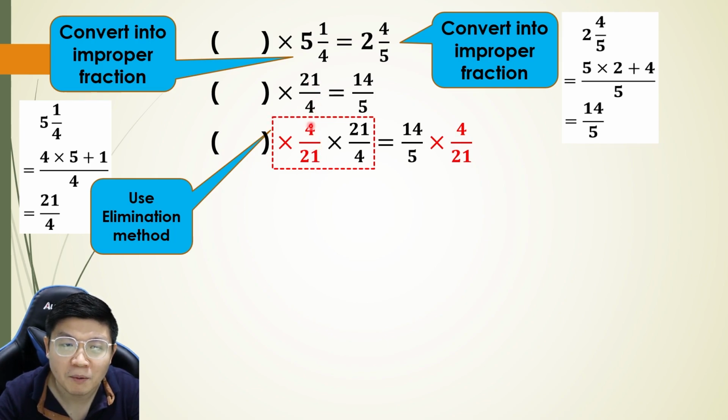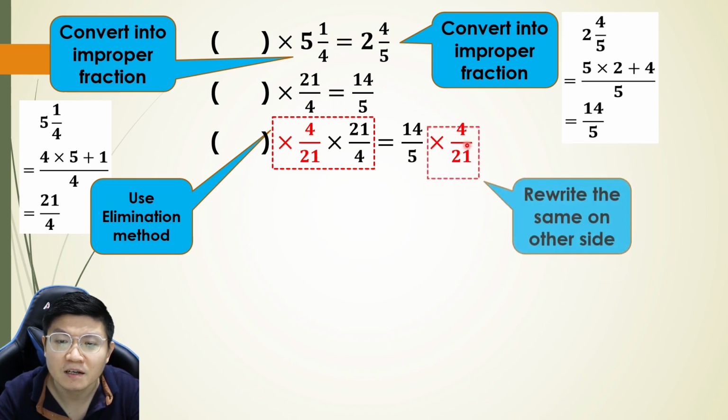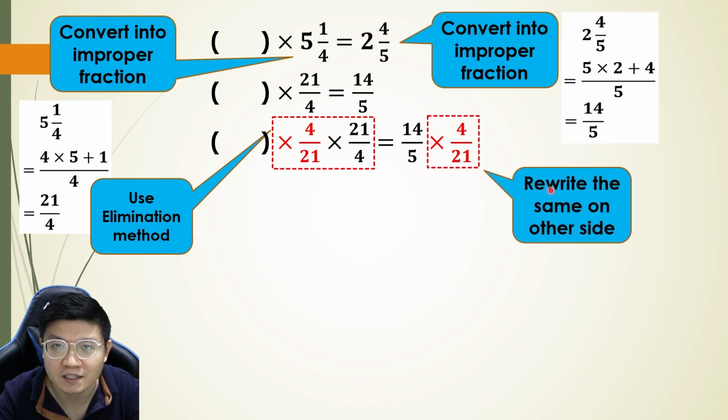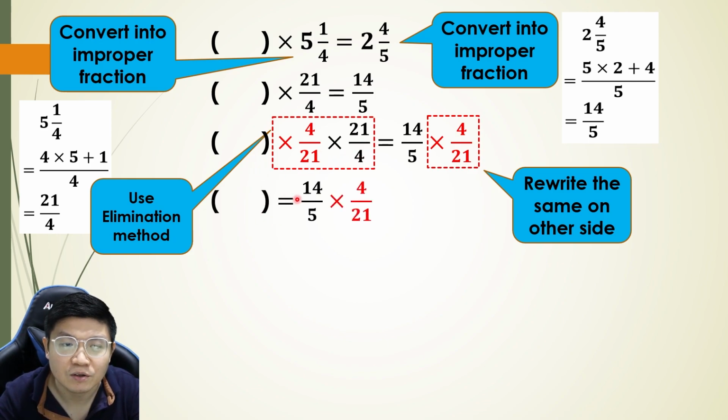So what you multiply here, the right hand side, you should do the same thing. Multiply 4 over 21, the same number. Yeah, you rewrite the same on the other side. So this number is all gone. So in the box here, no more, gone. Just left bracket, equal to 14 over 5 times 4 over 21.